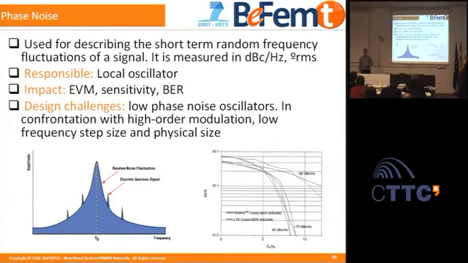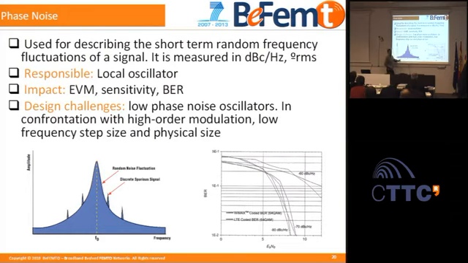Another important requirement is the phase noise. The phase noise is the main characteristic of the local oscillator, which is part of the transmitter and receiver. The local oscillator is a device which generates a fixed signal. Ideally, you have a perfect Dirac delta, but this is only ideal. In the real world, you have this kind of noise that is called phase noise.